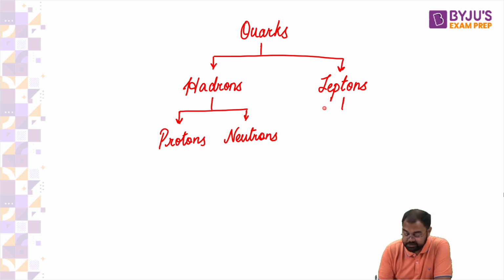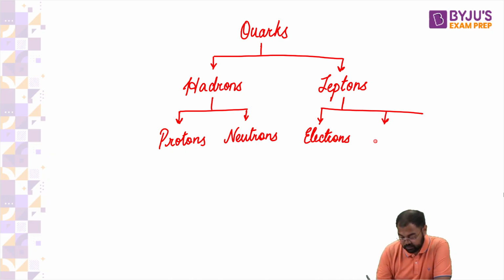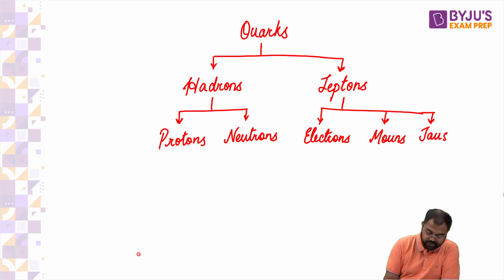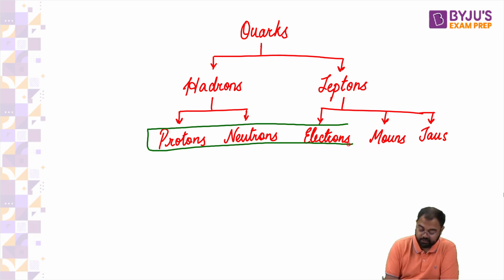And leptons, we say, might have led to the formation of three particles: electrons, muons, and taus. All right, and this is where protons and electrons would have come together along with neutrons to form the first atom, which would have been hydrogen.